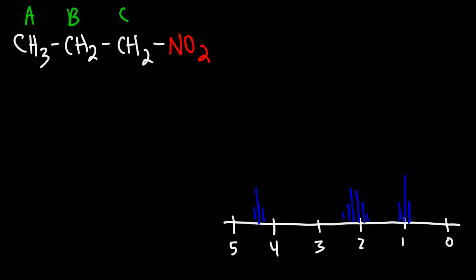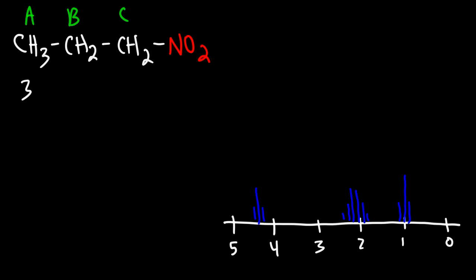Now let's determine the multiplicity of each proton that we have in this molecule. So let's look at the CH3 first. Proton A is adjacent to 2 other protons. So using the N+1 rule, we have 2 + 1, which is 3. Now proton C is adjacent to 2 protons.